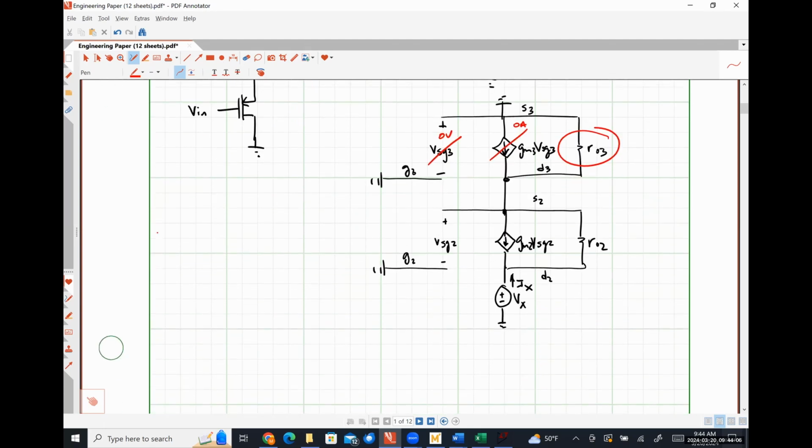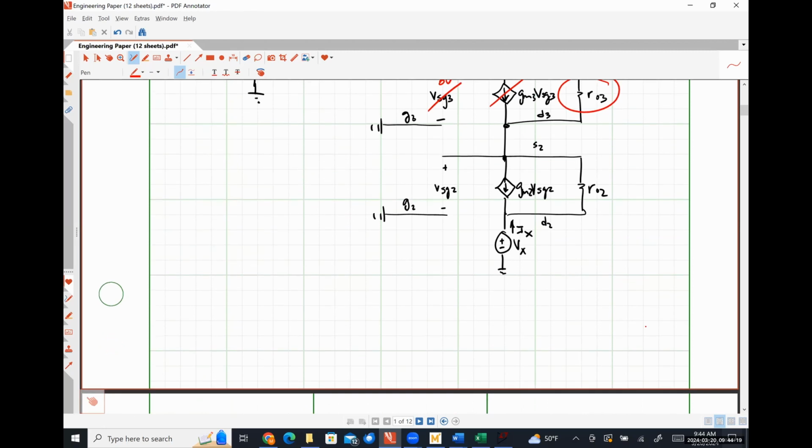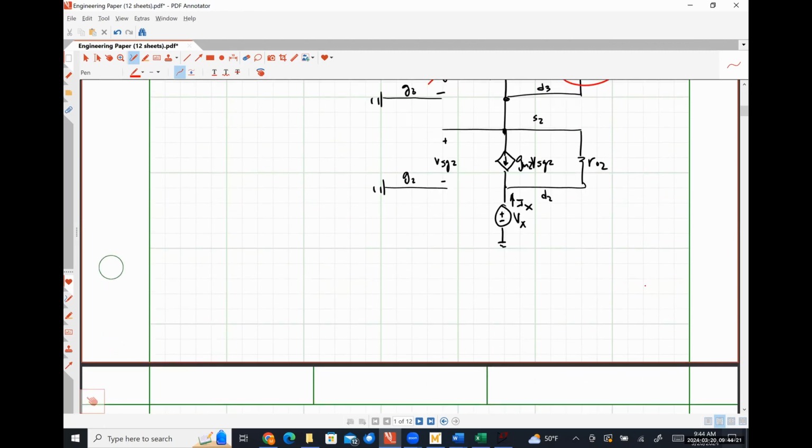Now I'm going to redraw this in a way that helps me think. So instead of drawing it with a PMOS transistor, I'm going to draw it like it was an NMOS transistor. I'm literally just going to change a couple of things here really quickly, right? So here's my gate for transistor 2.